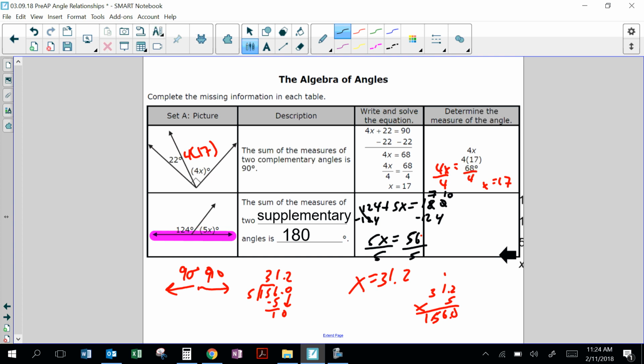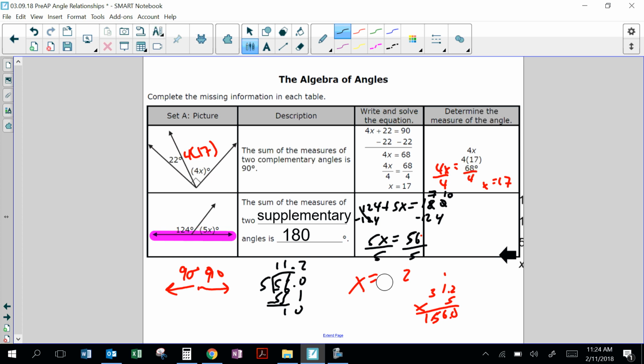So 56 divided by 5. Let's do this all over again. 56 divided by 5 goes in 11 times, which is 1. Remainder, annex the 0. So it's 11 and 2/10.